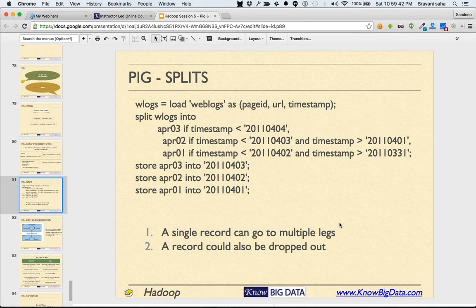Similarly, the records of April 1 will go to APR 01 as well as APR 03. So one single record could go to multiple legs, and also some records could be dropped out. So it's not really a split. It's more like a switch case, more like a fork.